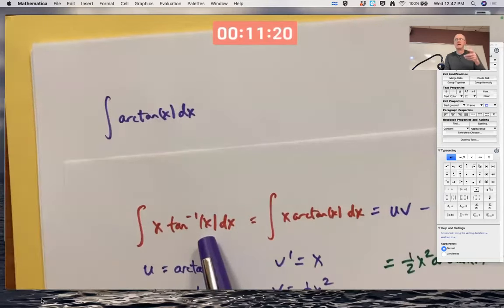It's not 1 over the tangent. That's inconsistent notation with a lot of other things in math where you have a -1 power. But I'm just telling you, it's not. If you meant to raise tangent of x to the -1 power, you'd either put parentheses around the tangent of x and then put a -1 power, or you'd write it as cotangent of x. Cotangent is the official name of the reciprocal of the tangent function, 1 over the tangent function.